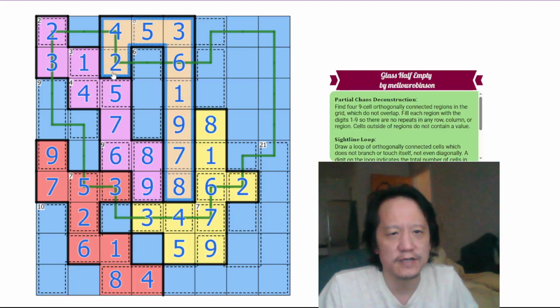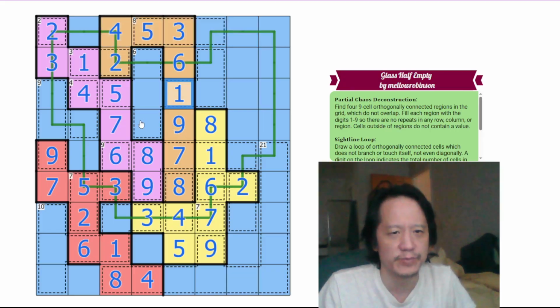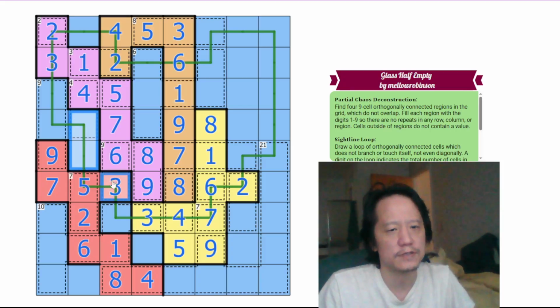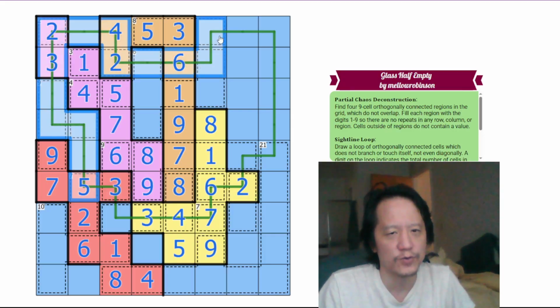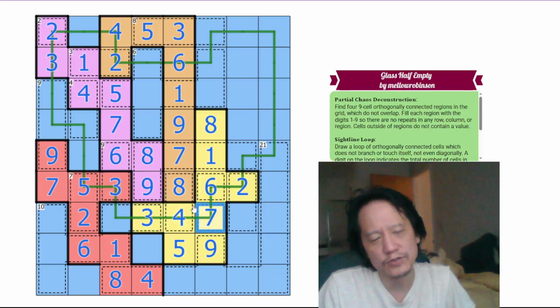Because it's interesting logic that you had to go through here, with the loop having to enter each cage, too. That was a very big restriction. And then it having to follow sight lines for each cell or each digit that was on the loop, which was interesting.